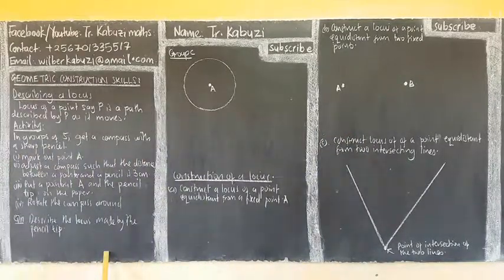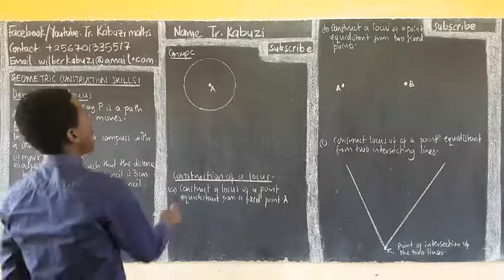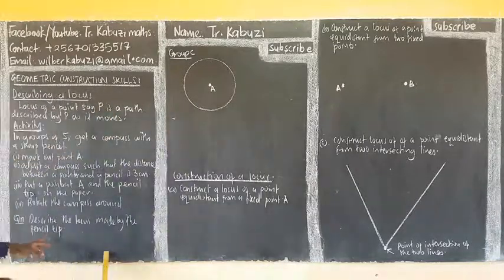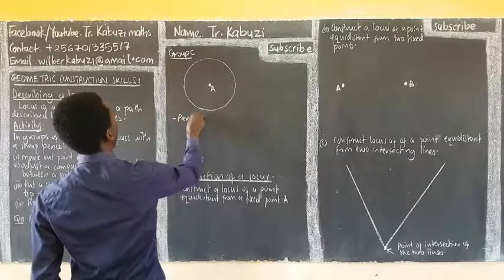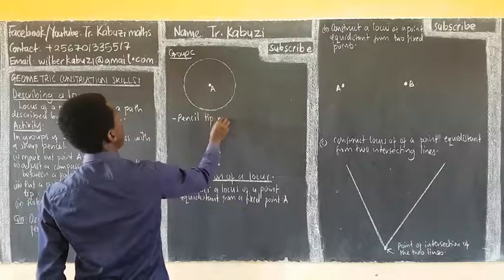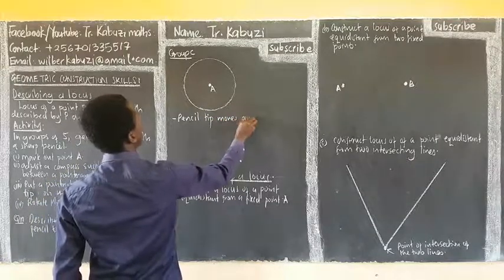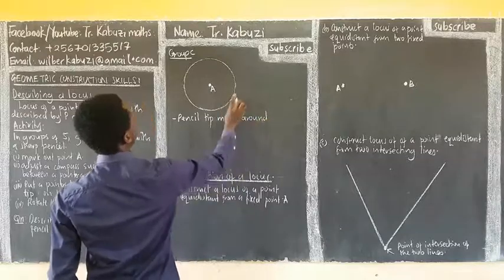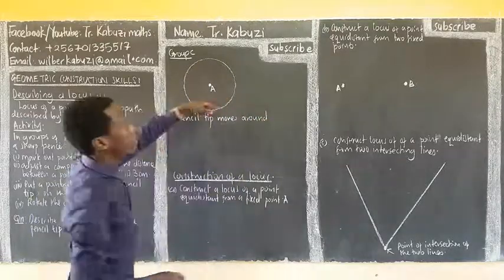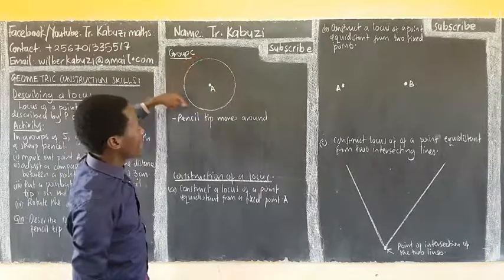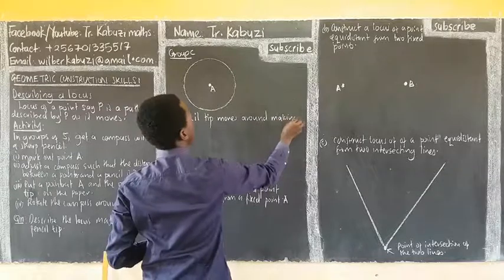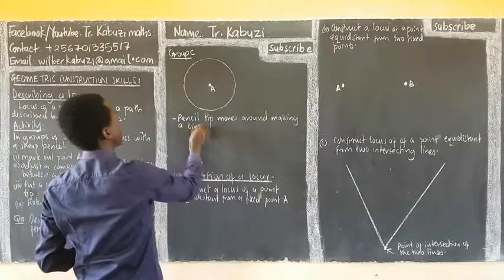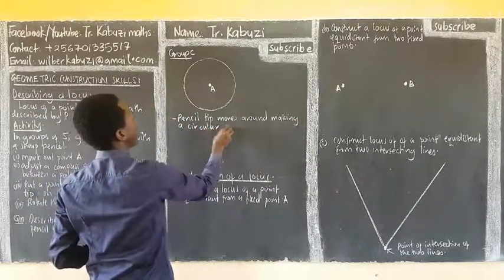So what's the description there? Here we say now it's about the pencil tip. The pencil tip moves around. But as it moves around, you see the path it's creating, a circular path.